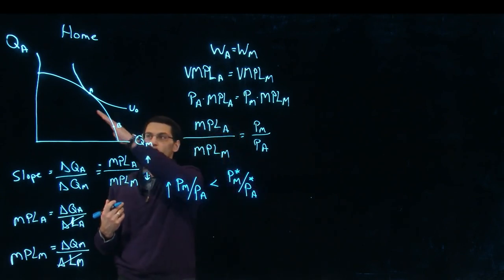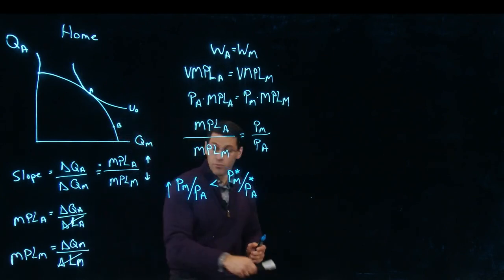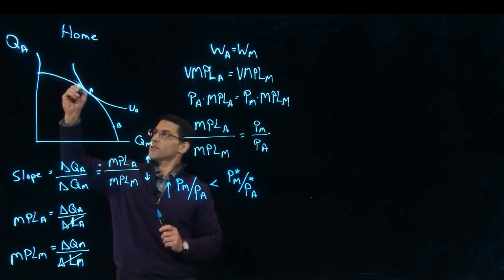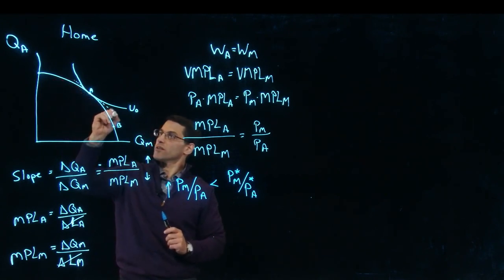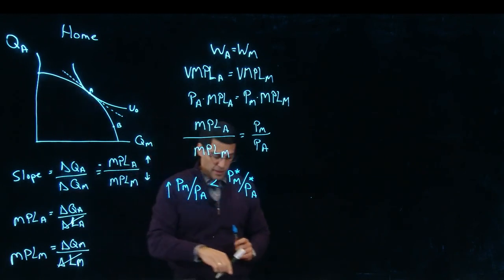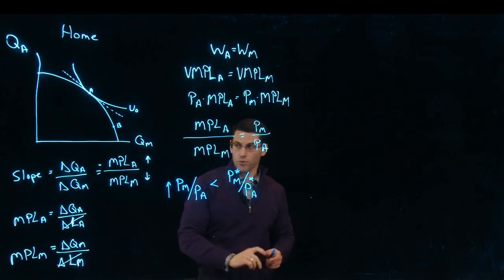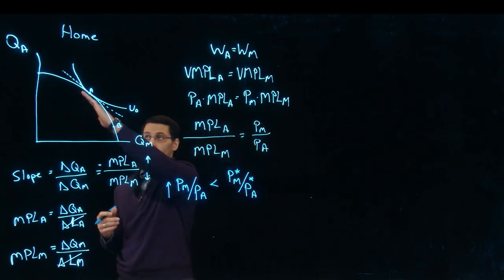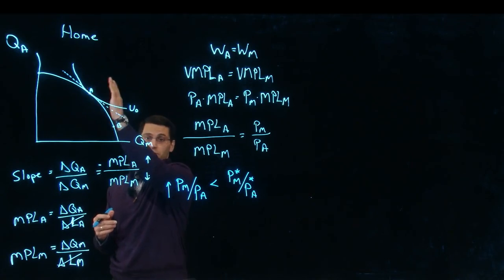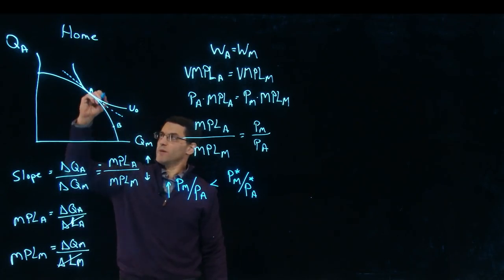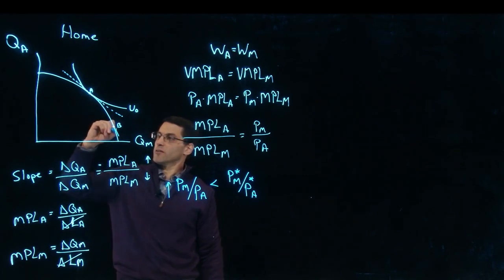So in other words, if we think of drawing the price line in, if this was our price line in autarky, right, that was the price of manufacturing over the price of agricultural goods without trade. When we open up the trade, that line is going to get steeper. So we end up with a world trade line that might look something like this.